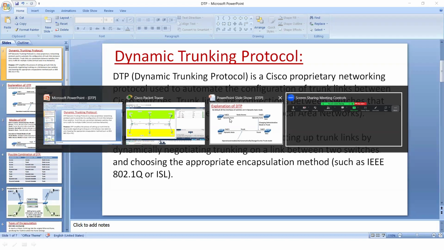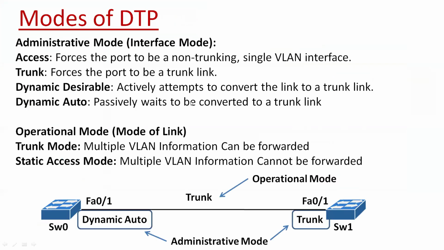Now, if I talk about the possible combination of DTP, and the number of modes of DTP, if I talk about the interface modes, there can be four different interface modes. Dynamic auto is enabled by default, right? Trunk we have forcefully done, right? Access is forcefully a non-trunking interface, and dynamic desirable actively attempts to convert to a trunk link.